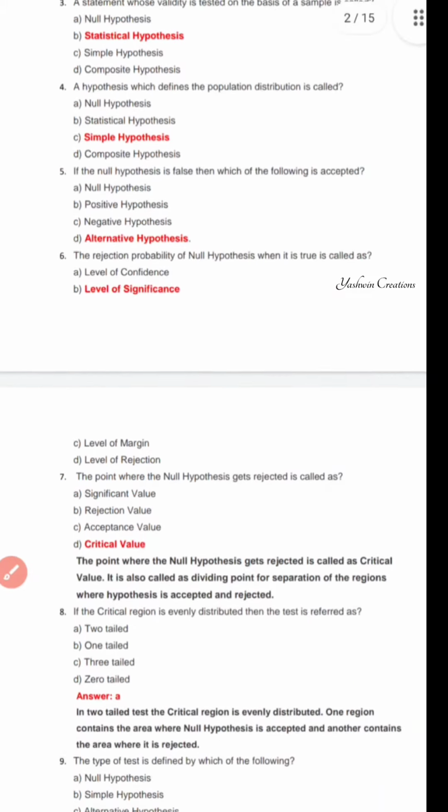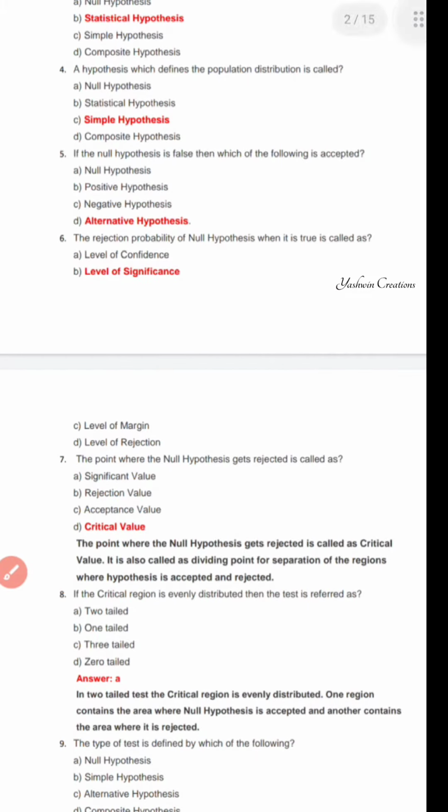Next, the point where the null hypothesis gets rejected. So before we have read that the rejection probability of null hypothesis when it is true. Here they are saying the point where the null hypothesis gets rejected, that is called as critical value.